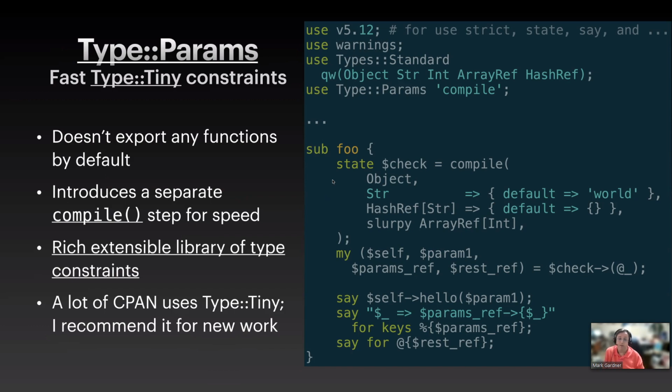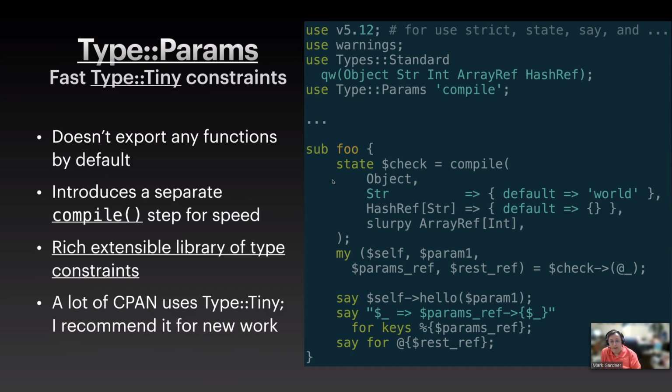And then it supports slurpy parameters. It slurps everything else into an array ref of ints.